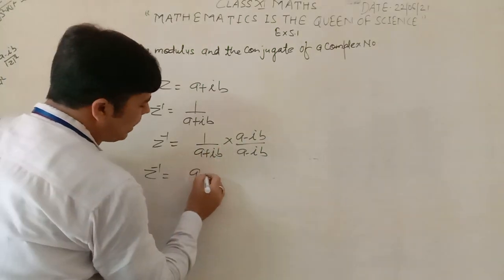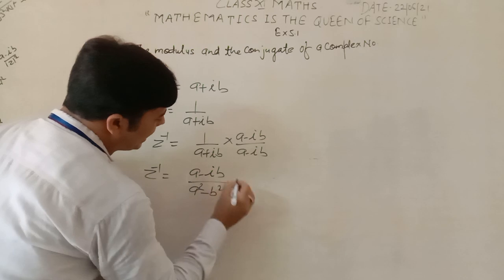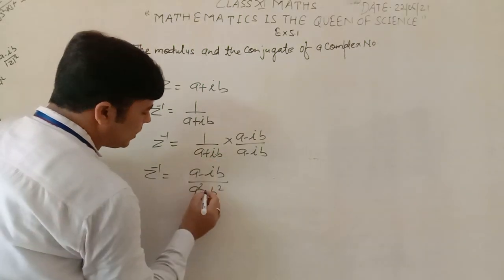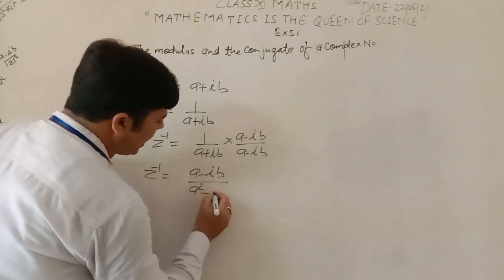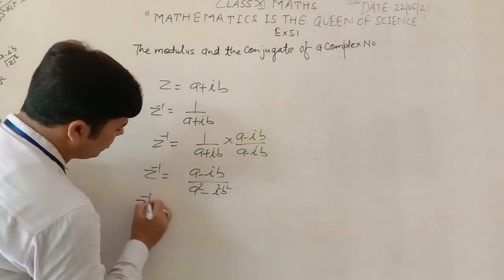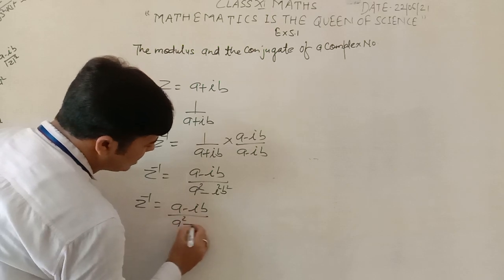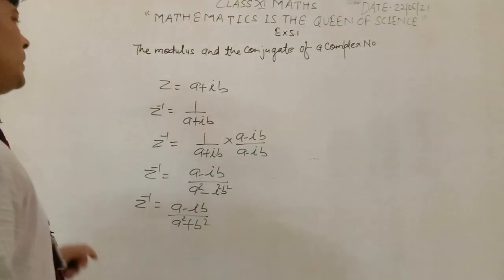The inverse is equal to a minus ib, and it became a square minus i square b square. So z inverse is equal to a minus ib upon a square plus b square.